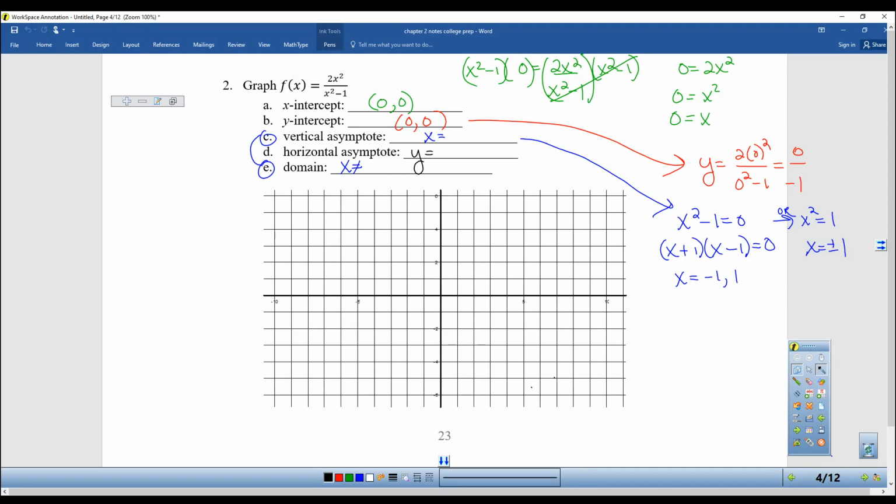Horizontal asymptote is found by looking at the equation. And in our case, the powers are the same. So since the powers are the same, I'm going to make the horizontal asymptote 2 over 1, which is just y is equal to 2.